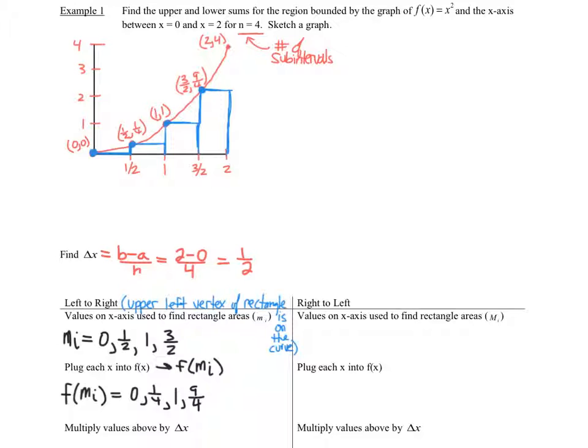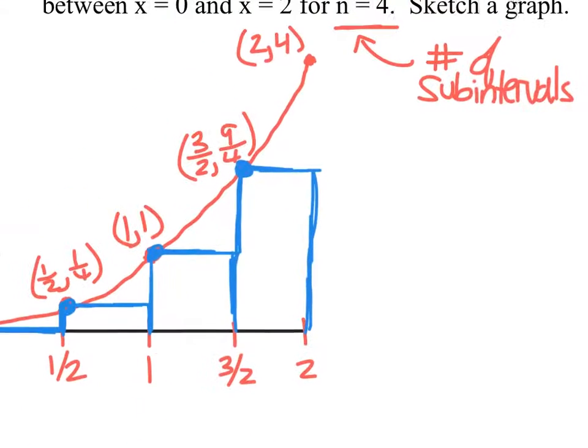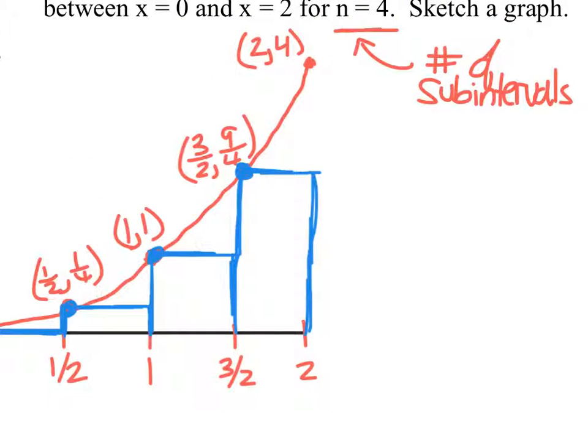Now, going back to the diagram, if I wanted to figure out the area of each of these rectangles, I'll just do it for one of them, and then you'll see why the procedure makes sense. If I wanted to find the area of any of these rectangles, what I'd need to do is find the length of the base and multiply that by the height.